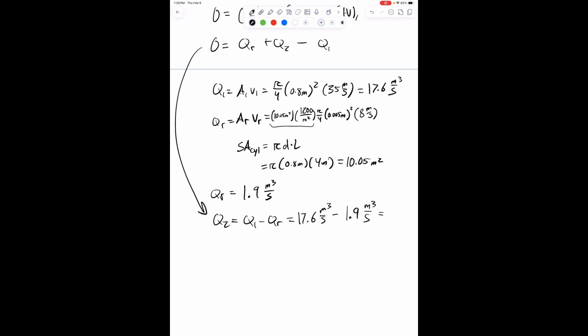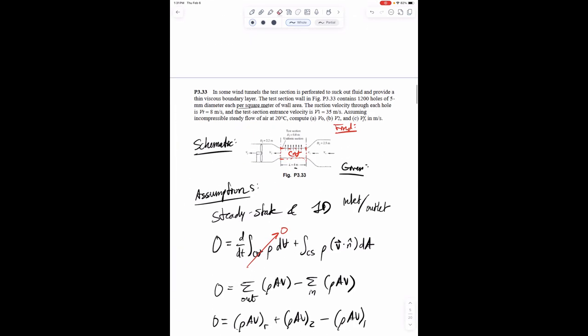Therefore, I get Q2 is 15.7 cubic meters per second. So initially Q1 comes in at 17.6, it gets diverted due to the suction of about 2 cubic meters per second, which leaves 15.7, finishing the rest of the way through your wind tunnel outside past the fan.